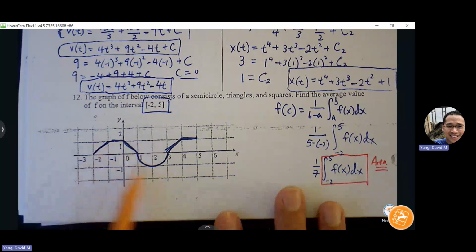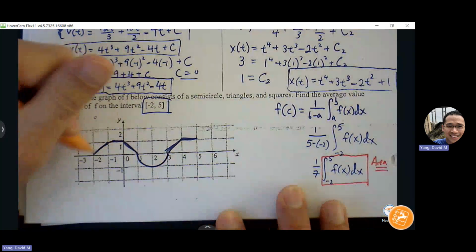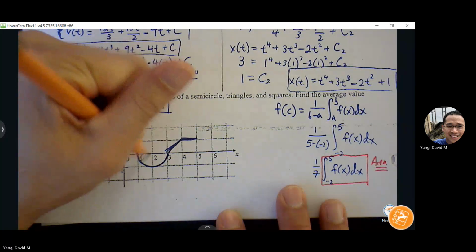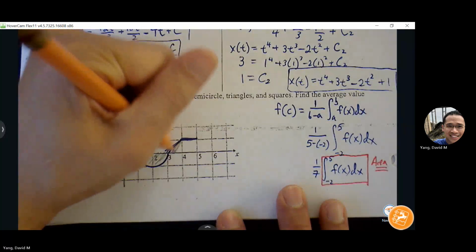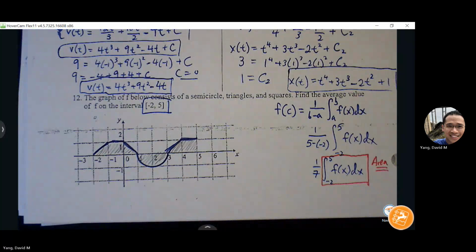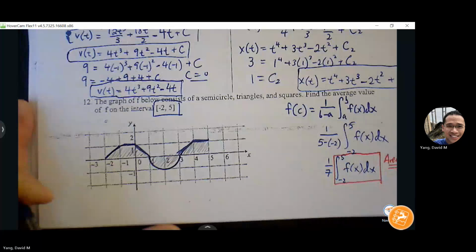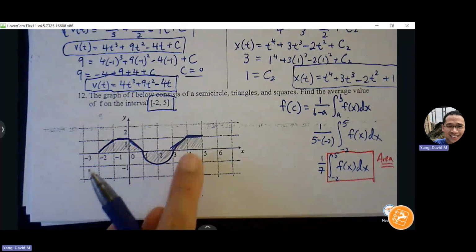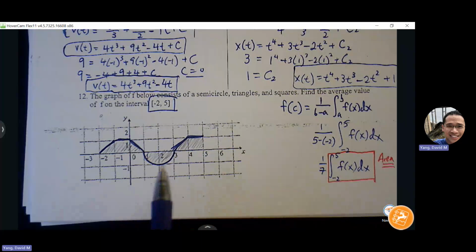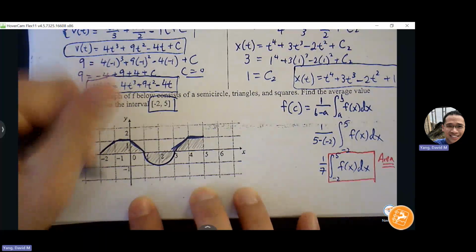We only look at what's between this graph and the x-axis. So if we total all this up, then that can represent the area. But we got to be careful. Anything that's below the x-axis, we got to represent that as what? Yeah. As a negative.